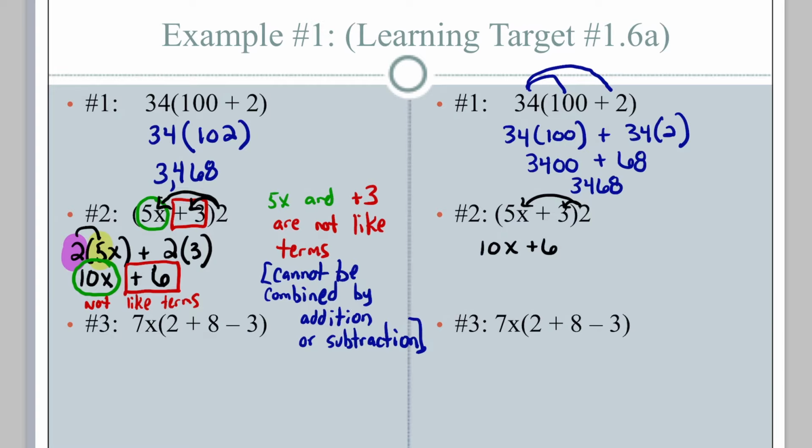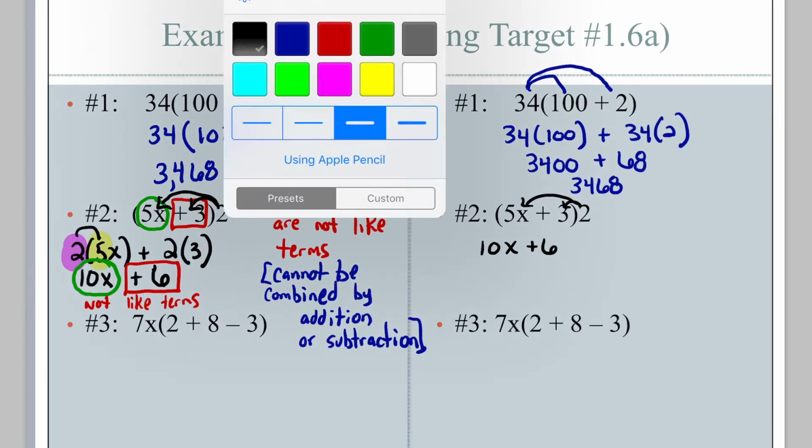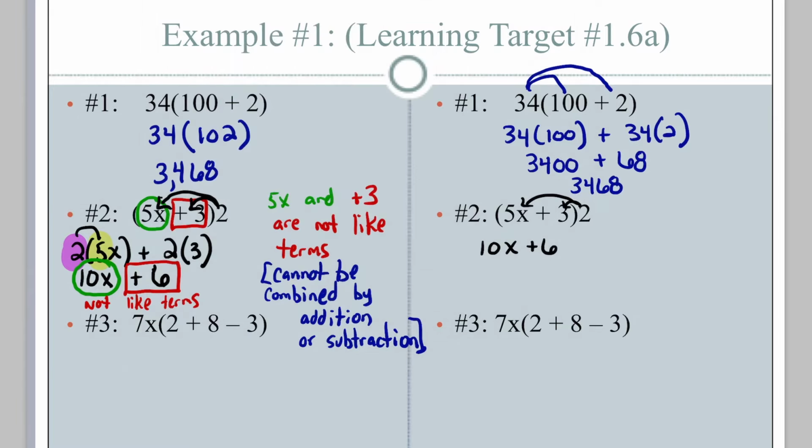Now, I would like for you to hit pause and see if you can work example number 1, part 3. Okay, looking at this example, number 3, I'm going to go ahead and distinguish my terms. I've got a 7x. I have a plus 2.